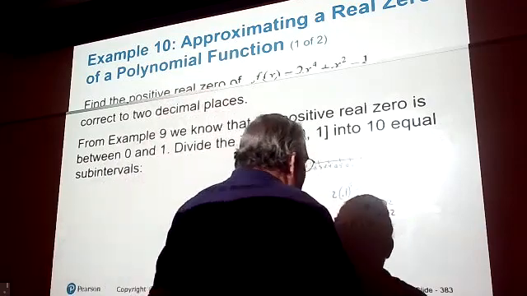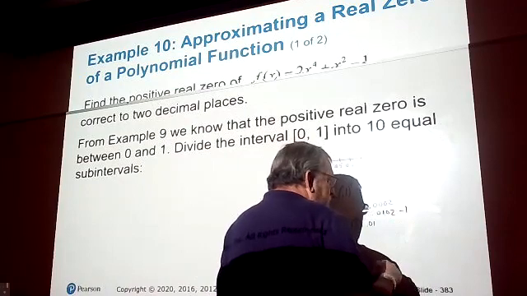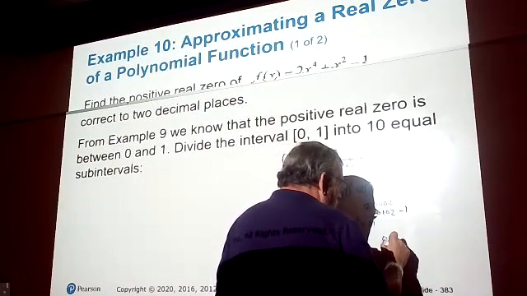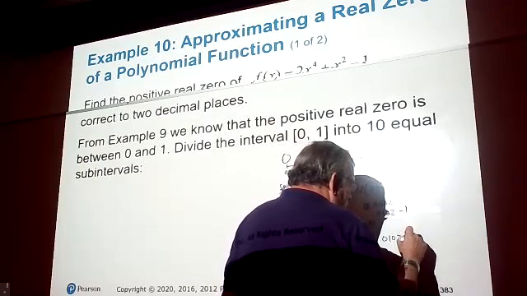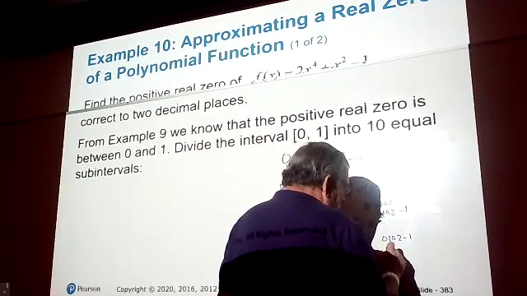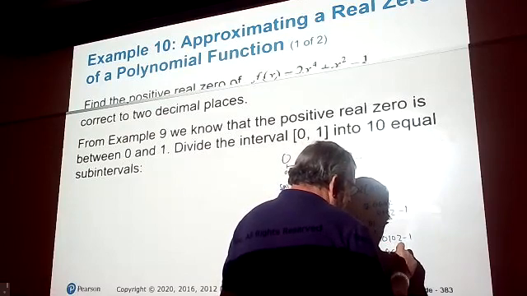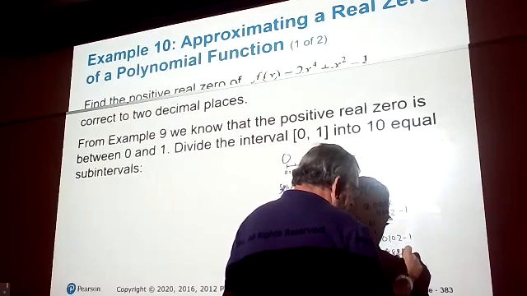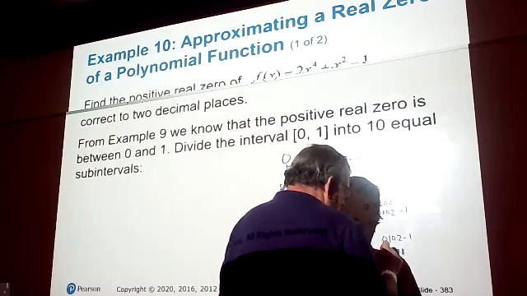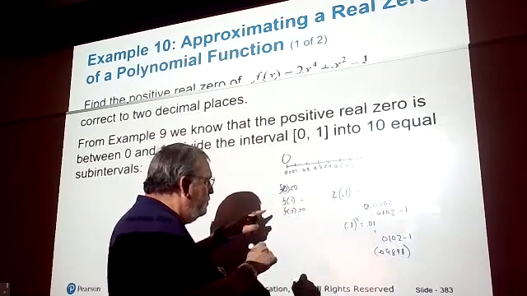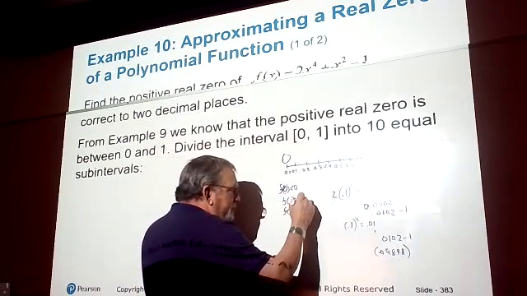And then we're going to subtract 1. So 0.0102 minus 1, that's going to be negative 0.9898. So at 0.1, f is still negative.